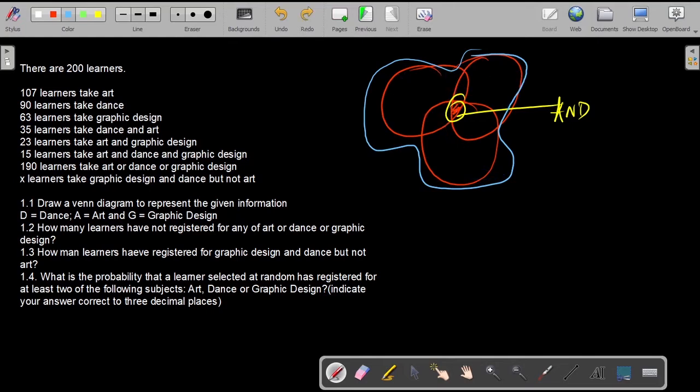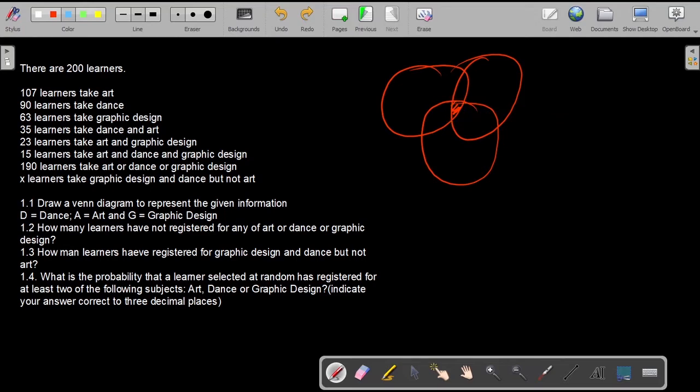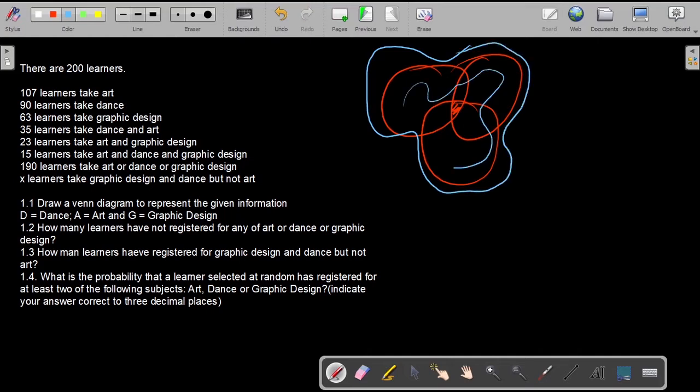If you want to fall in any of these, then we're talking about the sum of all the numbers that you can find in this region, which consists of everything. So once again, and is intersection, or is everything that is involved. In this case, we're talking about art or dance or graphic design, and that would cover everything, right? So expect to have a total of 190 when we add everything which is in this portion.